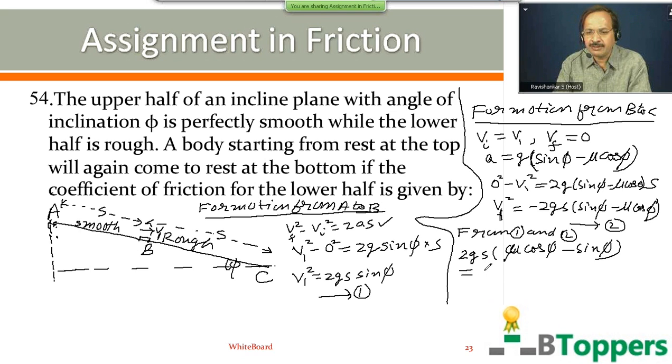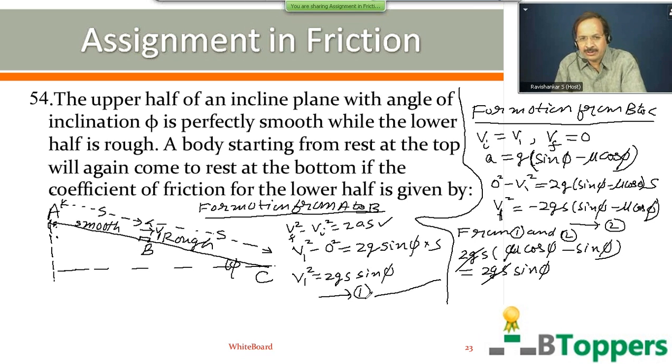And from the first equation V1 square you can write 2gs into sine phi. So 2gs you can cancel on both sides. Simplify this yourself and complete the simplification part yourself. If you need more time to copy the solution, you can pause and take your own time.